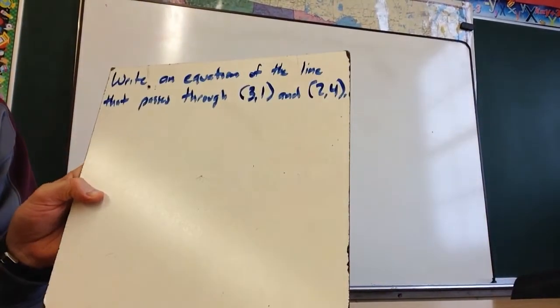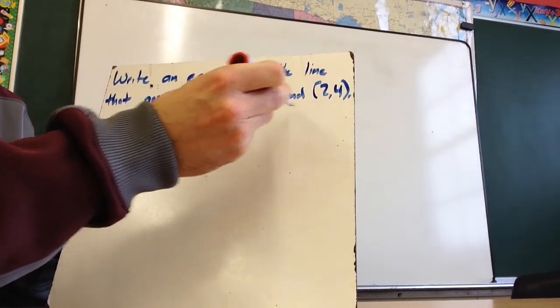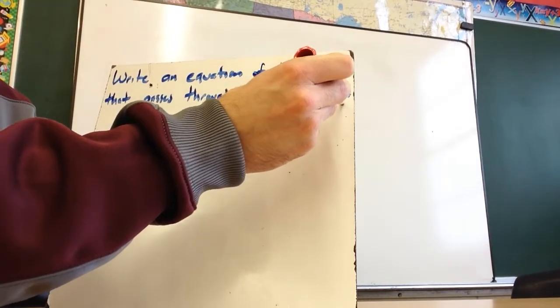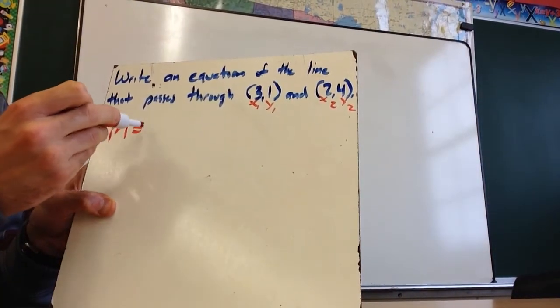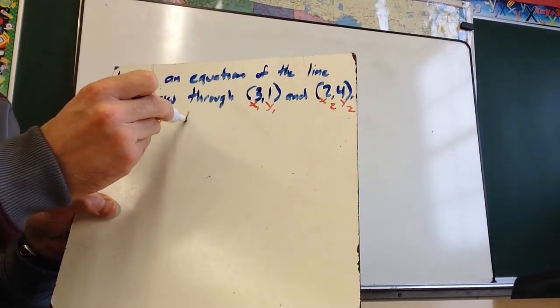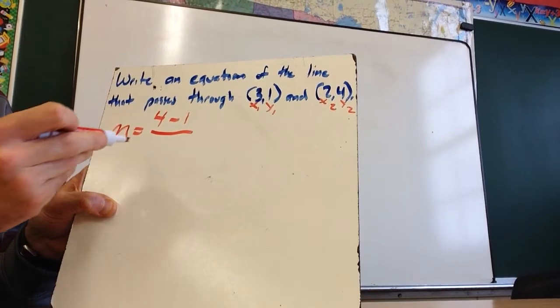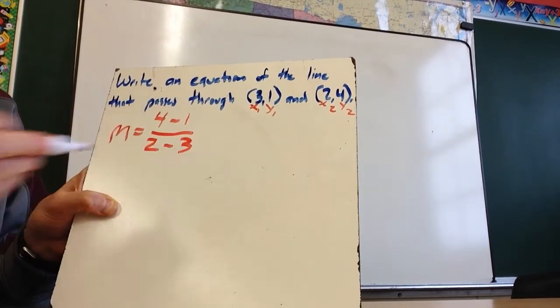In order to find the slope, I'll call these x1, y1, x2, y2. So slope equals y2, which is 4, minus y1, which is 1, over x2, which is 2, minus x1, which is 3.